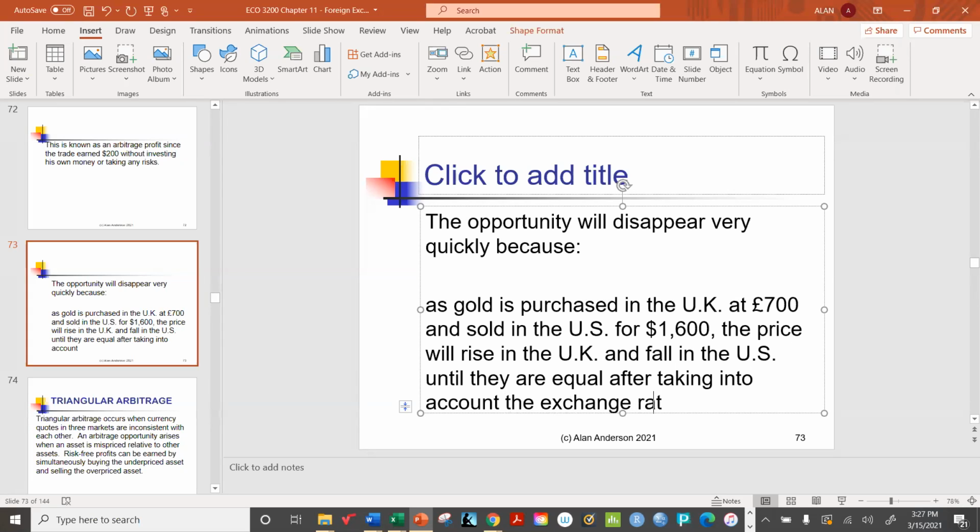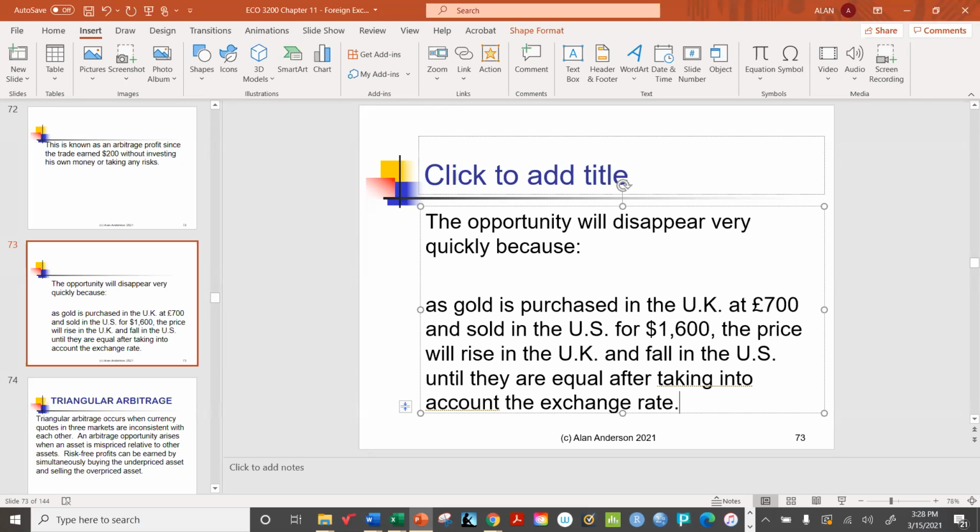So in other words, this process will take care of itself because people will see this. They'll all jump in and start buying gold in the UK, and they'll start selling gold in the United States. And before you know it, the prices will adjust themselves until the opportunity is gone.